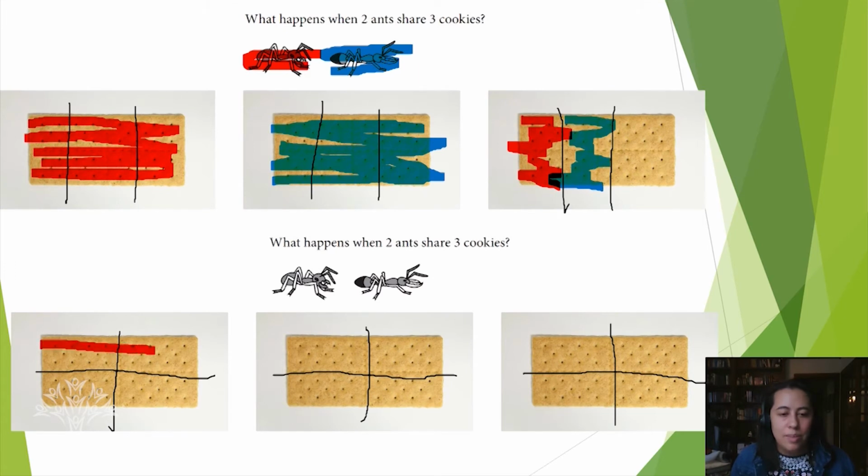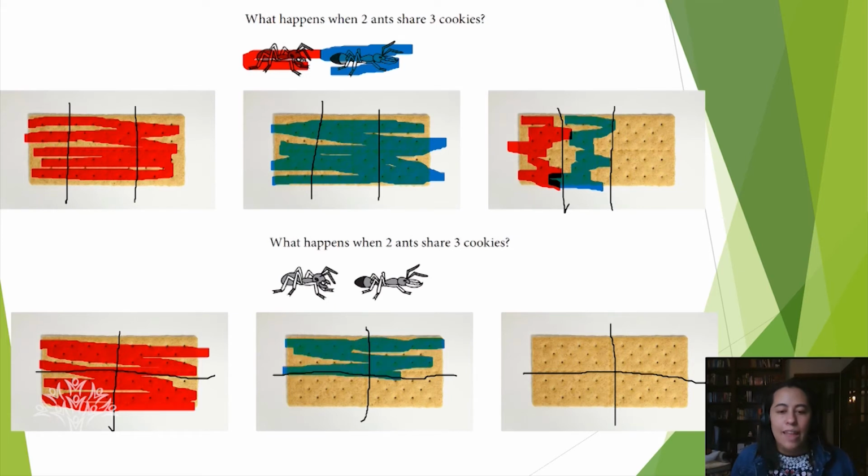Okay, so I'm going to give my first ant these 4/4 again. And then give my second ant these 4. And now let's go to the last cracker and see if I can share it equally.